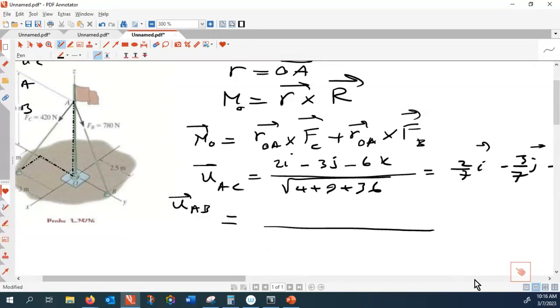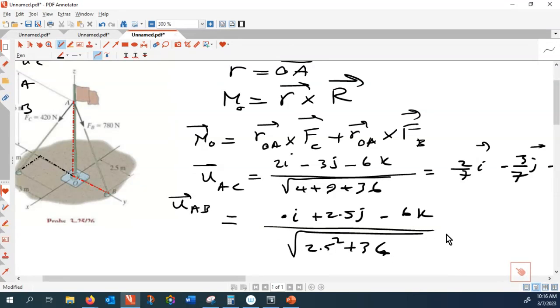And we do the same for AB. So AB, I choose a path to travel from A to B. From A to B, let's pick a different color. So again, same Z component, 6 negative, 2.5 in the positive direction, and that's it. So that is 0i plus 2.5j minus 6k, and that is the root of 2.5 squared plus 36, right?